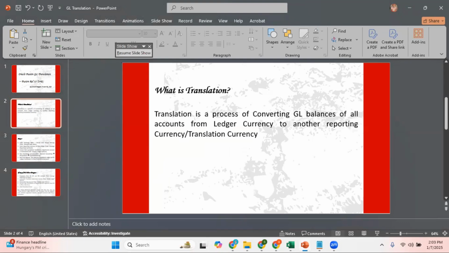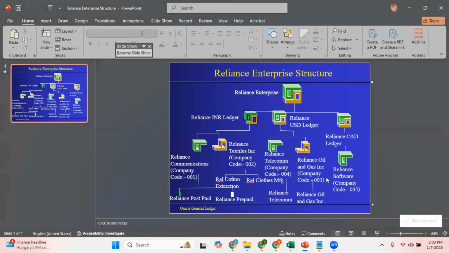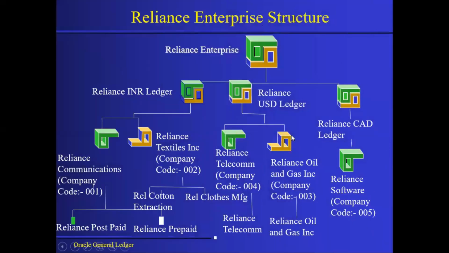Let me explain this with a business use case. This is my Reliance enterprise structure. Within this structure, I have a Reliance INR ledger, a Reliance USD ledger, and a Reliance Canadian ledger. Reliance being an Indian entity, it has operations in India, the US, as well as Canada in this example.